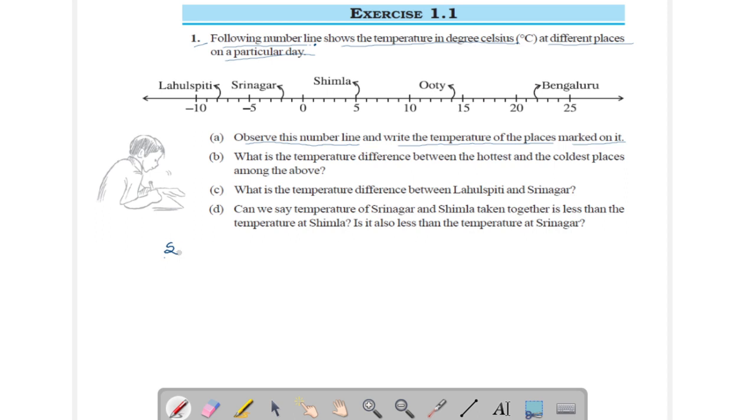Solution of A part. The temperature of places marked on it.